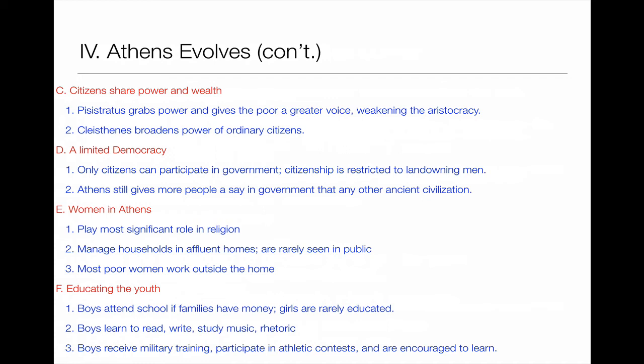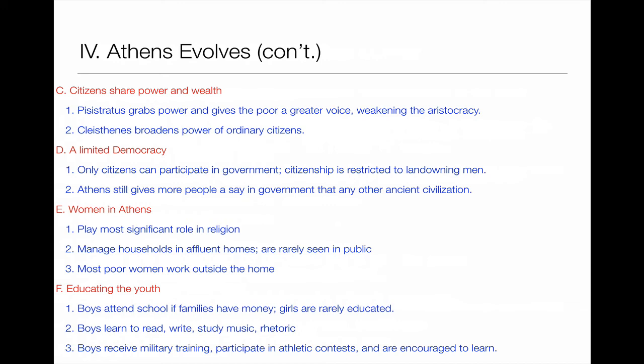Pisistratus is able to gain more power from the aristocracy by taking land and forgiving the loans from the farmers, taking that land away from the nobles and giving it back to the farmers. He also starts creating new buildings within Athens, and what this does is give the poor more jobs so that they can keep working along those lines.